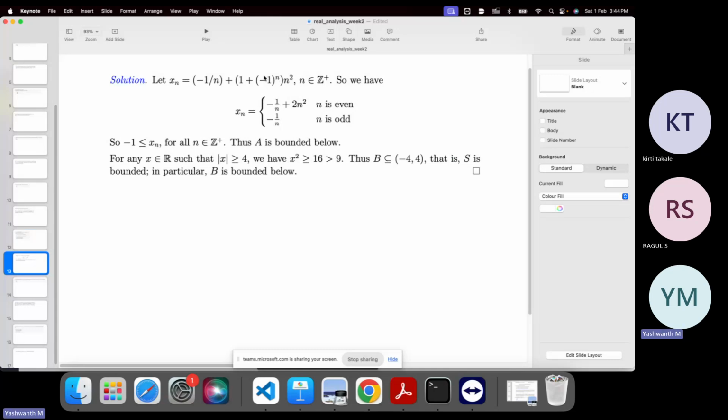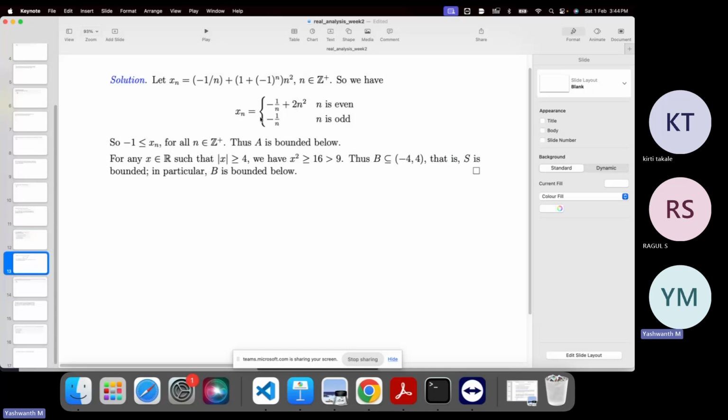Now, first of all, is this sequence bounded above? No, right? Because as n tends to infinity, the even part will end up going to infinity.